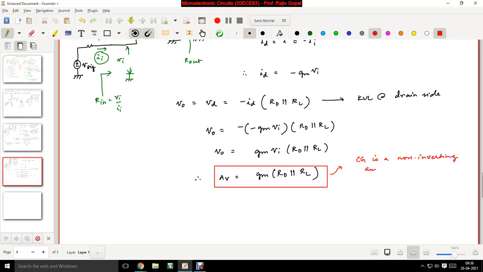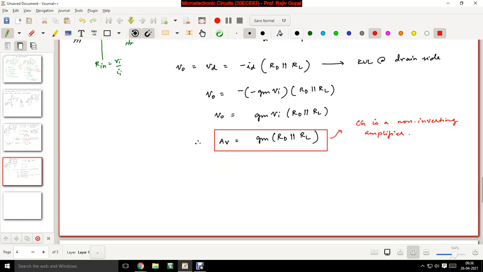So I can write Av naught as Gm into RD, where RL is infinite. This also in a box.